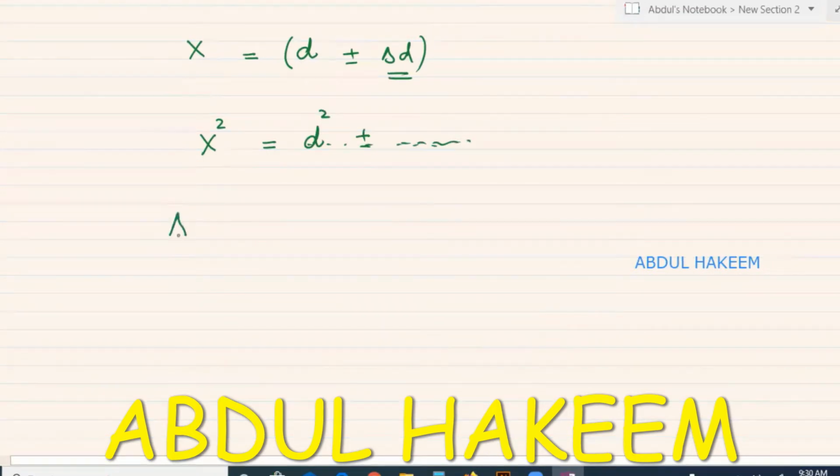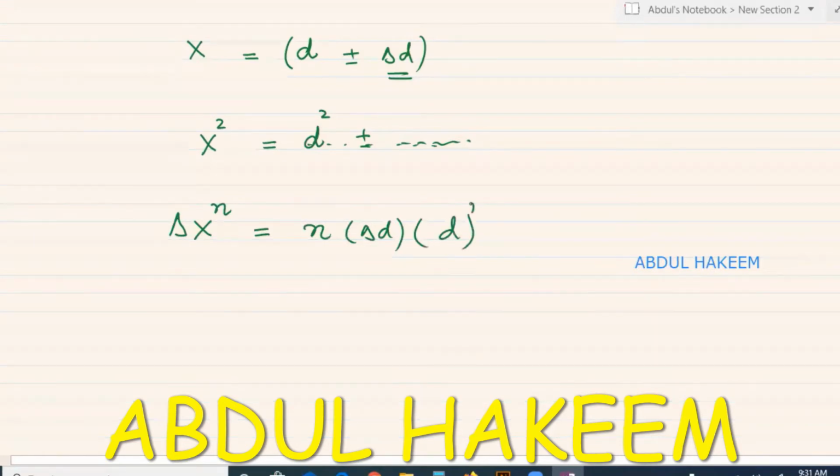Okay, now suppose we have to calculate delta power n, meaning the power error, square root error, square error, cube error. Then the formula for this is n times delta d times d power n minus 1.